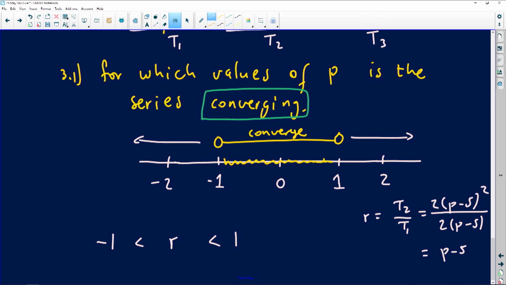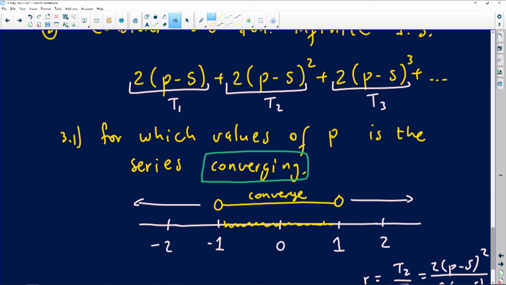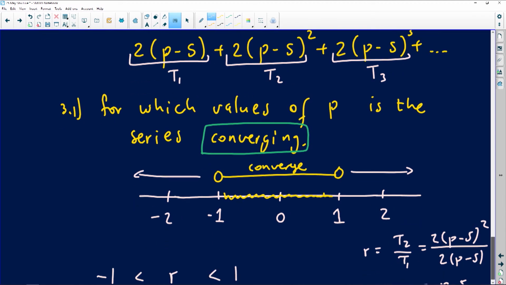Beautiful, right? So that is my R value. P minus 5 is what R is. And if you go back to the pattern, you can see that's the only thing changing. It was p minus 5, and then it suddenly became p minus 5 squared, and then p minus 5 cubed. It means the only thing changing is p minus 5. So that p minus 5 is what they are multiplying by as they move from one term to the next term. Makes sense. Absolute sense.